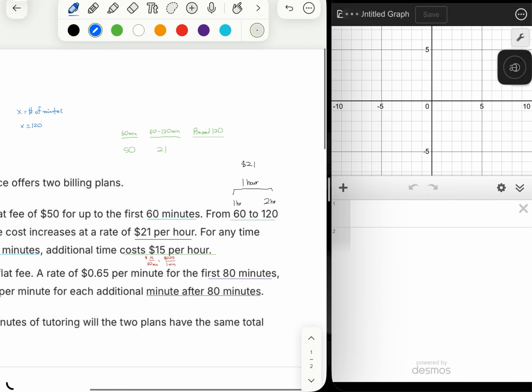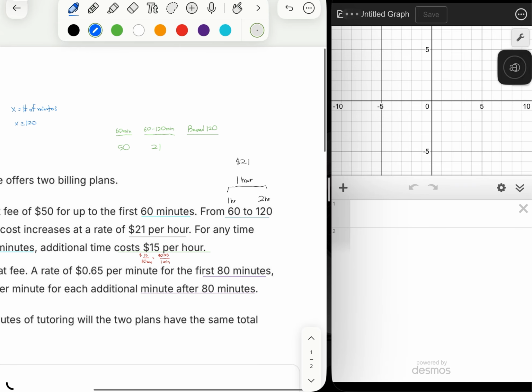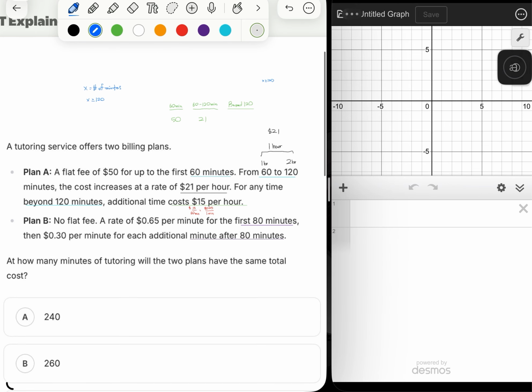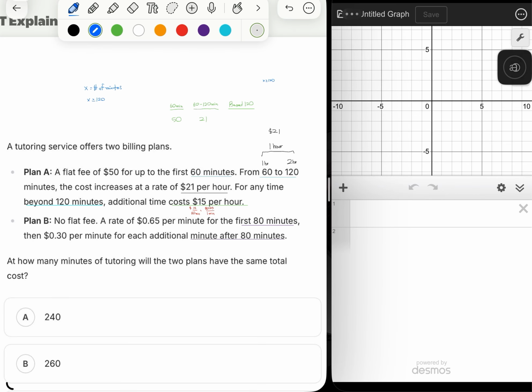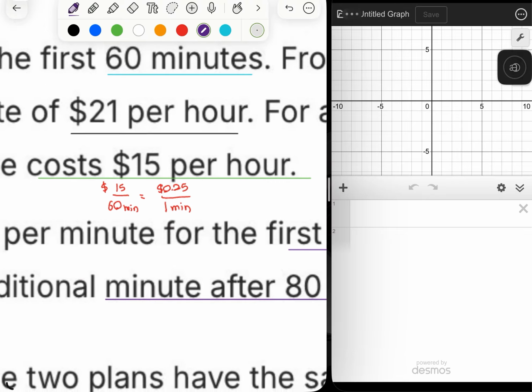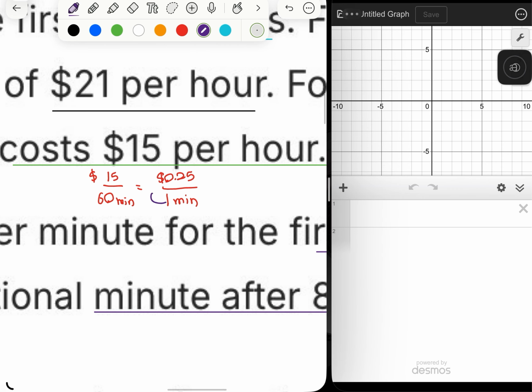So if we use that condition, that x is greater than 120, what do we do then? Well, look at plan A. It says for any time beyond 120, so in the future, after 120 minutes, the additional time costs $0.25 per minute. We converted that unit.